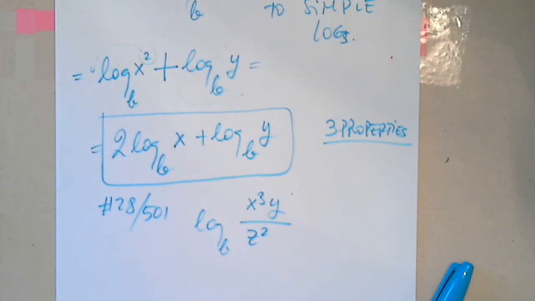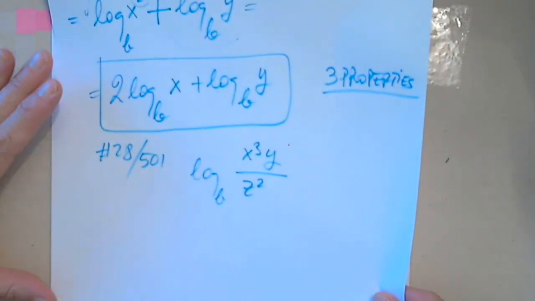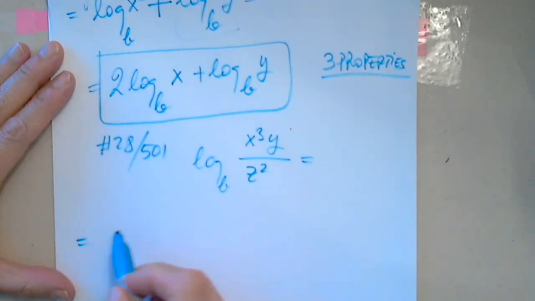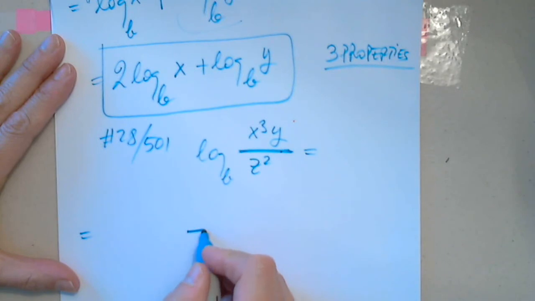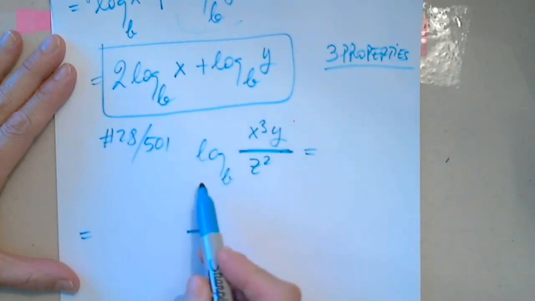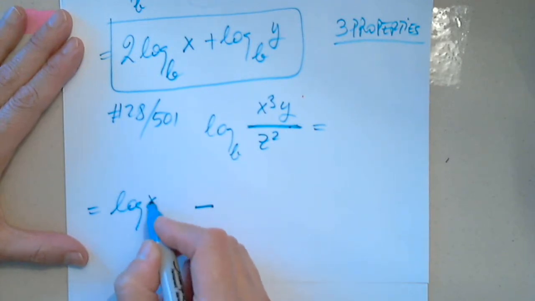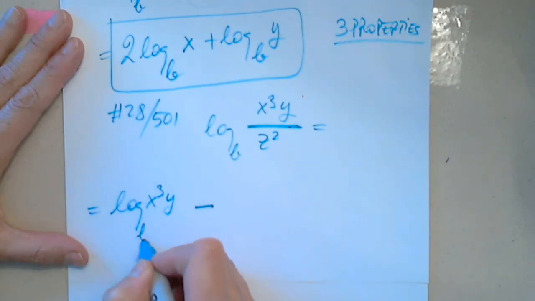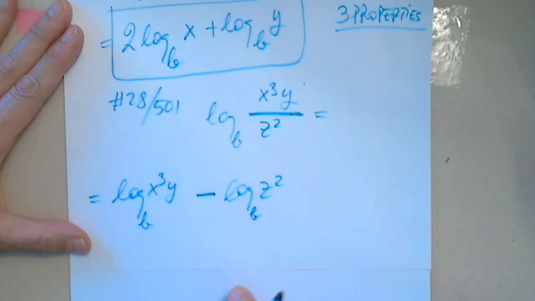Same question. We're asked to completely expand to simple logs. This time I have a ratio. I have to start with a ratio. So I have a difference of log applied to the numerator minus log applied to the denominator. So log of x cubed y, of course, in base b, minus log z squared, of course, in base b.